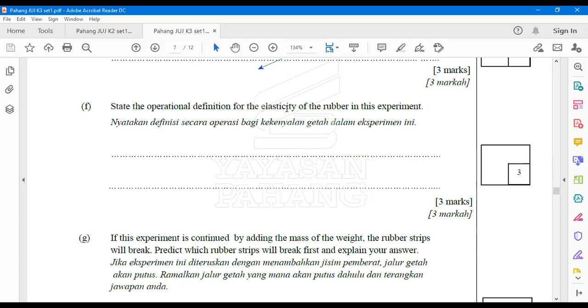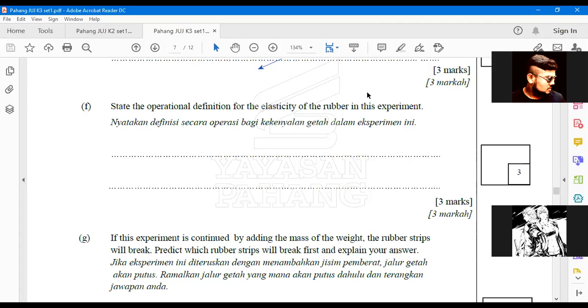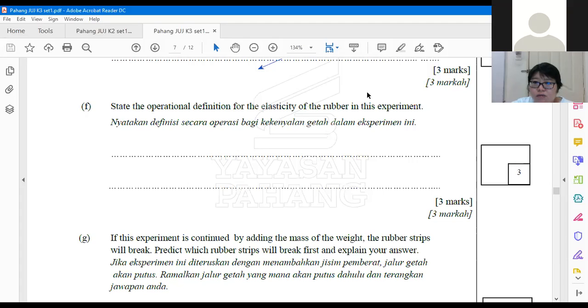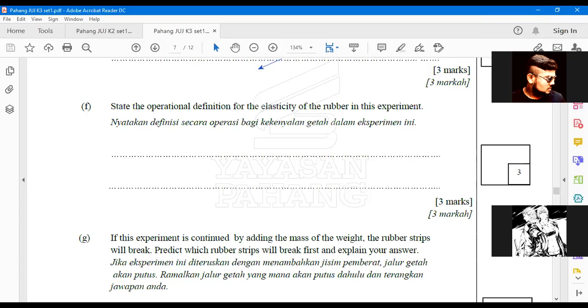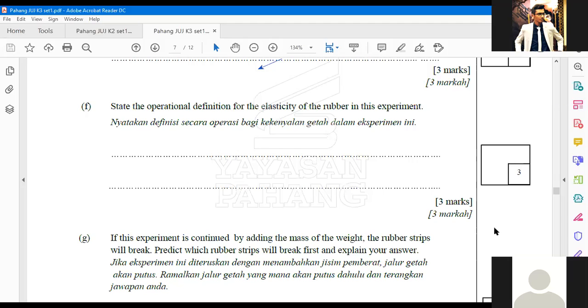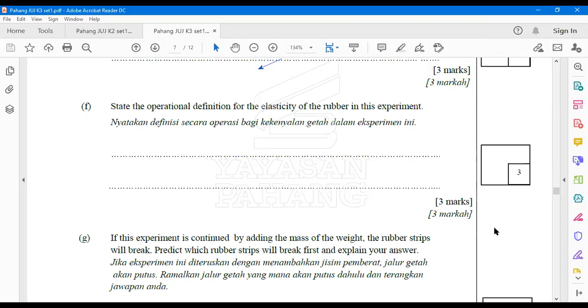So why do you say that this vulcanized rubber S is more elastic from our observation? Dylan, why do you say that it is S to be more elastic? Because it's vulcanized. Are you sure?